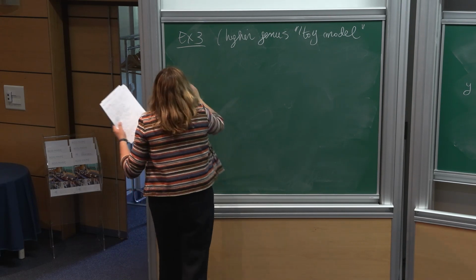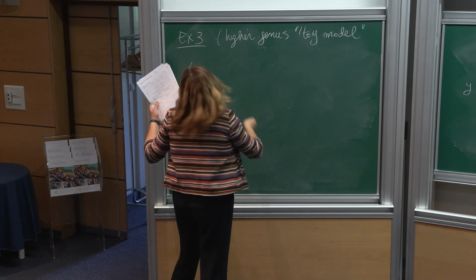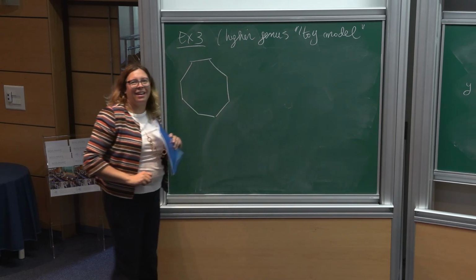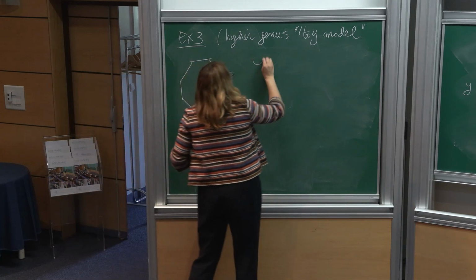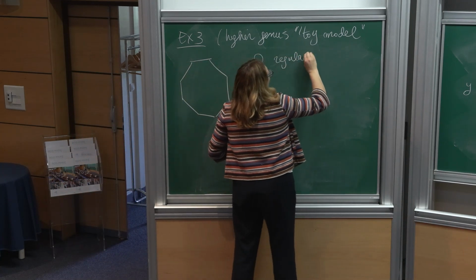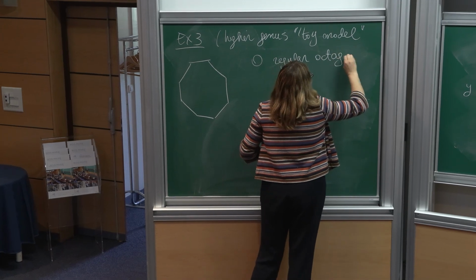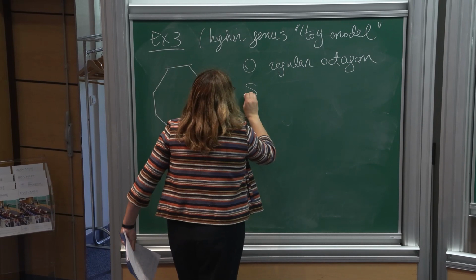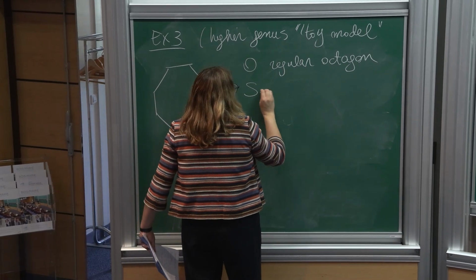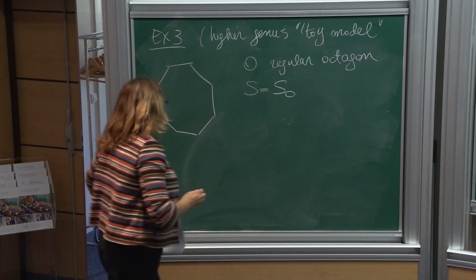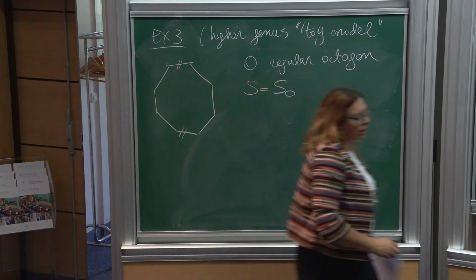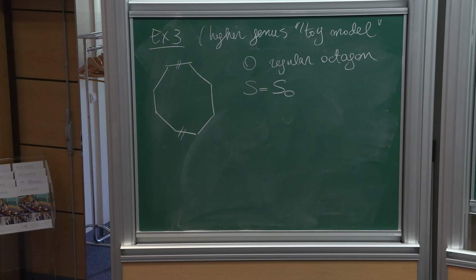And again, we were in a square in genus 1, so if I want to go to genus 2, I take an octagon, so O would be the regular octagon. And S, or maybe I will call it S_O, to remember that it comes from the octagon, is the surface that I obtain by gluing opposite parallel sides of the octagon by a translation.